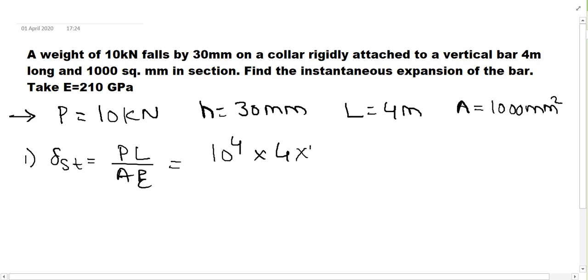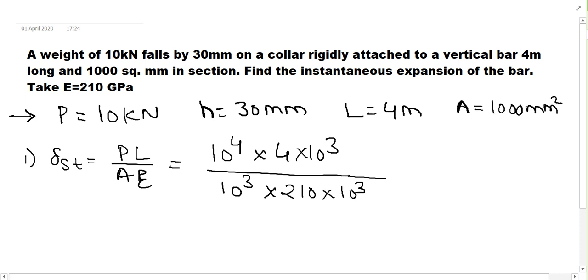Length is 4 meter, that means 4 times 10 raised to 3, divided by area, that is given as 10 raised to 3, and value of E is 210 into 10 raised to 3, converting it into megapascal. Now what we get here, 10 raised to 3 gone, 10 raised to 4 gone. That means 4 by 21 mm.